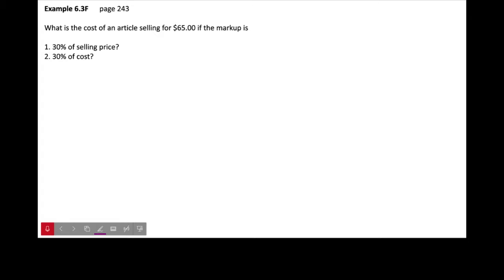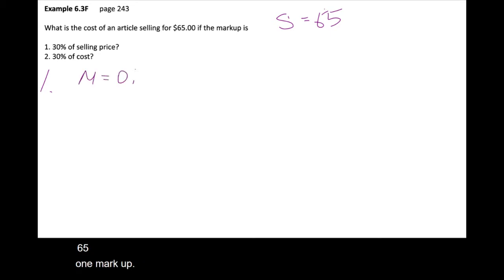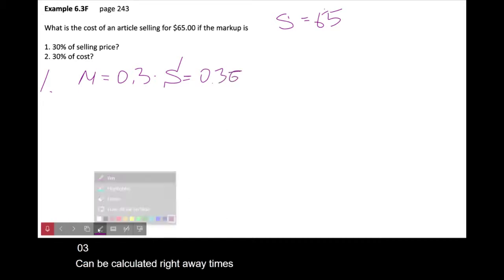Okay, let's see. S is 65. So question 1. Markup is 0.3 times S. So 0.3 can be calculated right away.